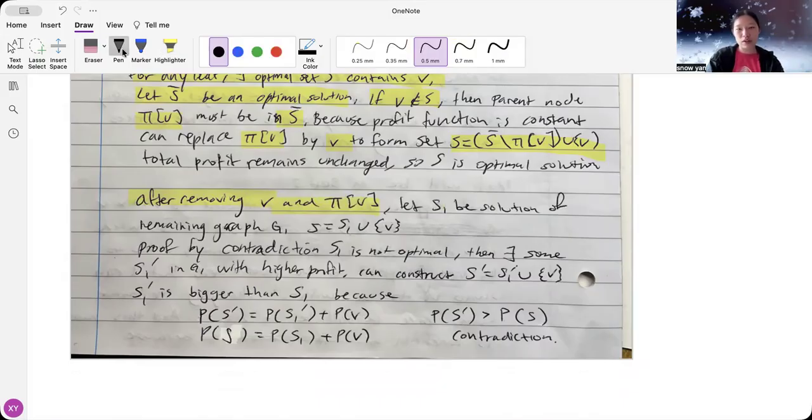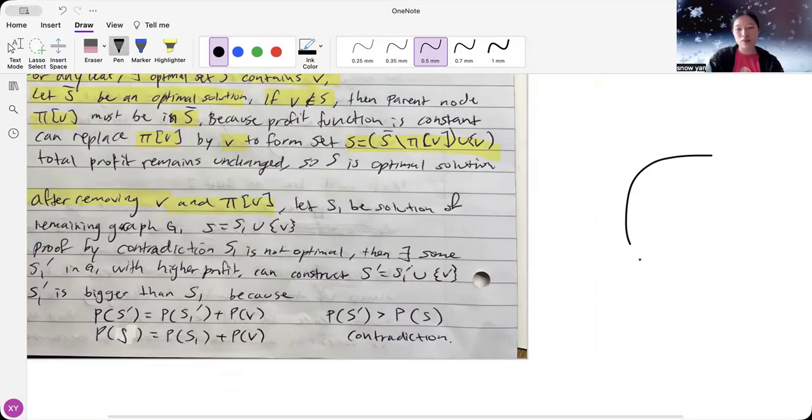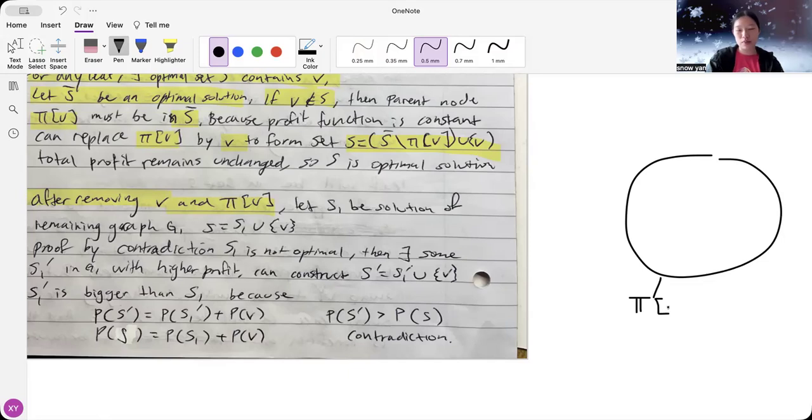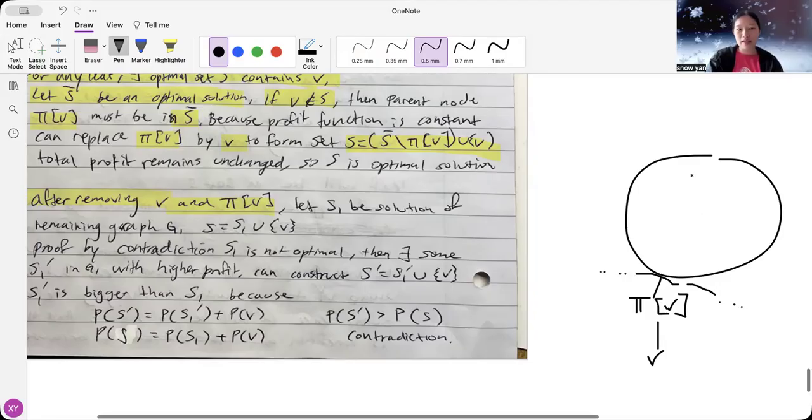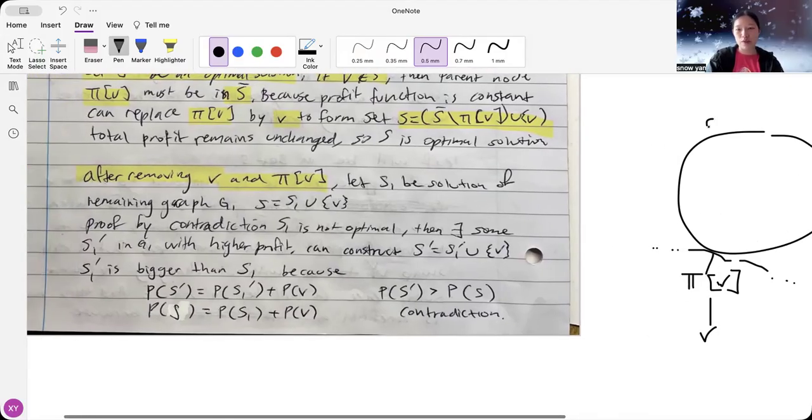So basically, let's say this was our original graph, and this node was the parent of V, and then this was connected to our leaf. If we were to completely cut this off from the graph, then what remains is our graph. We're going to call this graph that remains G1.